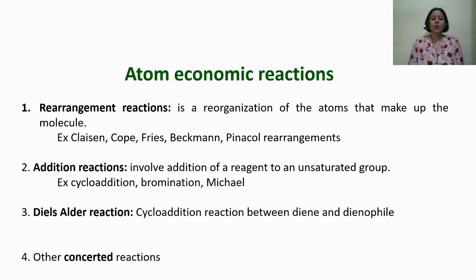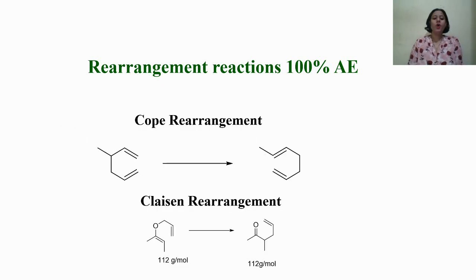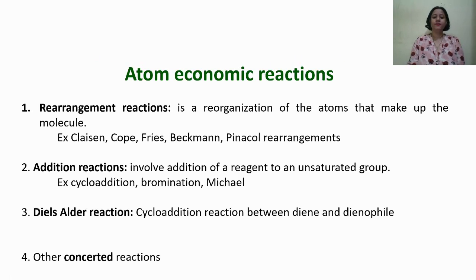Examples: Claisen, Cope, Fries, Beckmann, and pinacol rearrangements. This is an example of a rearrangement reaction where atom economy is 100%. The atoms are getting rearranged, so the formula weights of the reactant and product are the same. Therefore, the atom economy of rearrangement reactions is 100%.